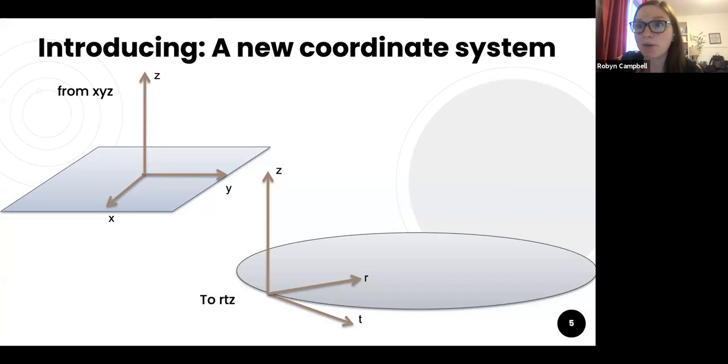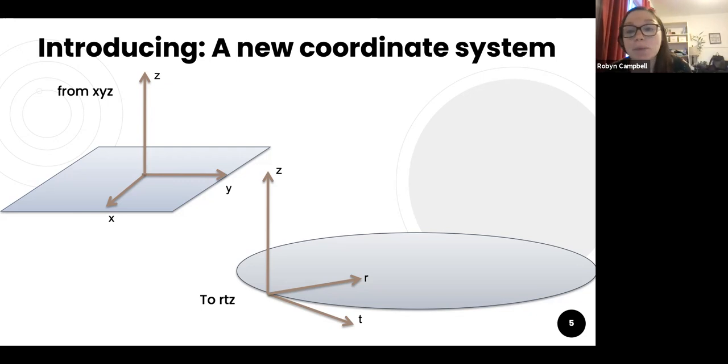Okay, so this is the tricky part. We are going to use a new coordinate system. In calculus, maybe Calc 1, but definitely Calc 2, you know that the equation of a circle in the xy plane is x squared plus y squared equals r squared.